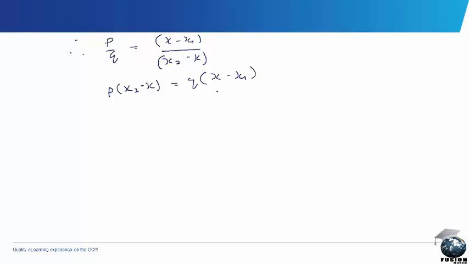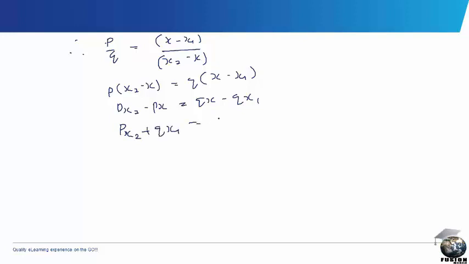Alright, and so we multiply into the brackets, then we'll have P x2 minus px is equal to qx minus qx1. Alright, so we take the identical signs together, and so we have the signs with the subscript coming together.